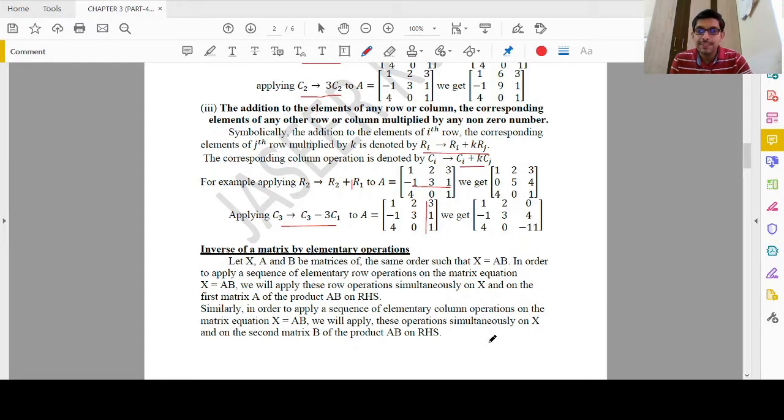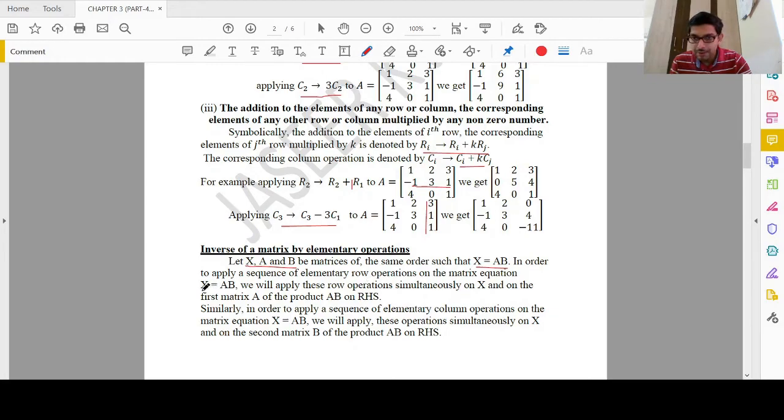So next we'll go to what are the uses of this elementary operation or transformation. Suppose X, A and B are three matrices of the same order such that X is equal to AB. So if you want to apply a sequence of elementary operations on this matrix equation, this is an equation involving matrices where X, A and B are matrices of the same order.